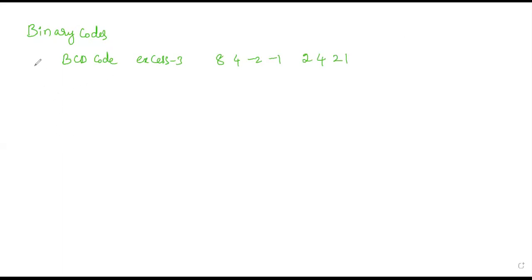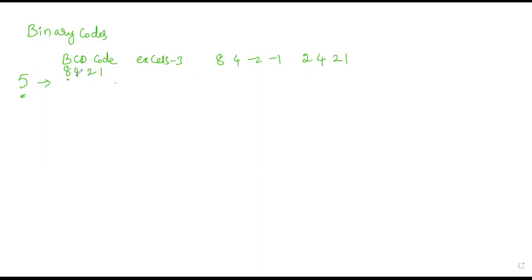Now, for example, if you want to represent the number 5, how do you represent it in each binary code? In BCD code, another name is the 8421 code.